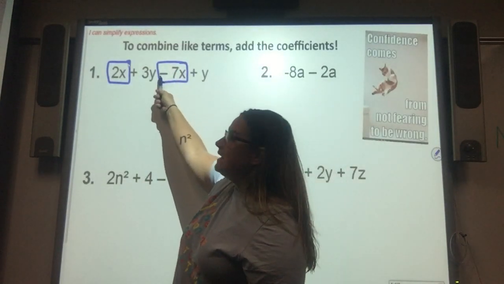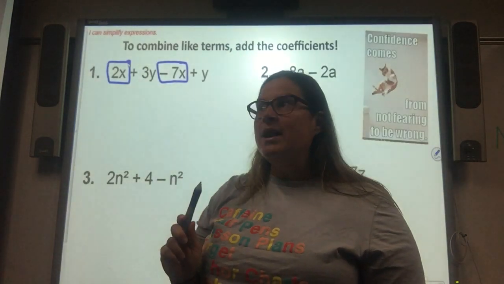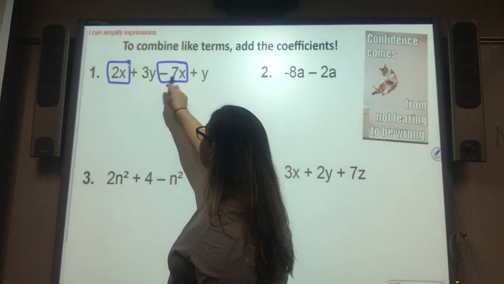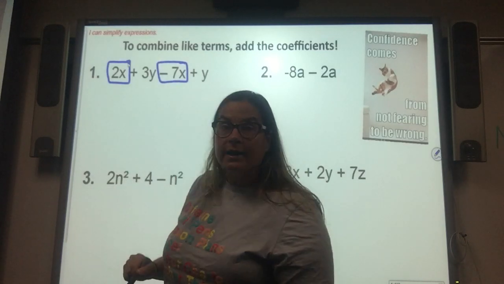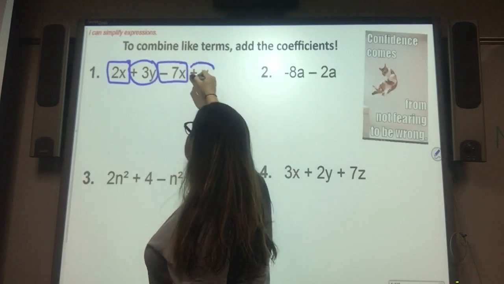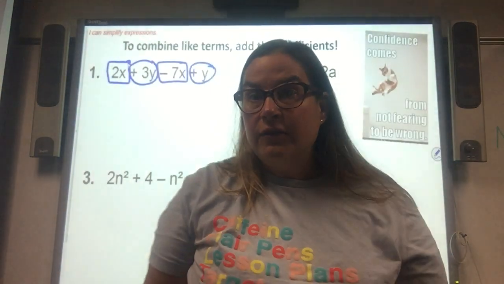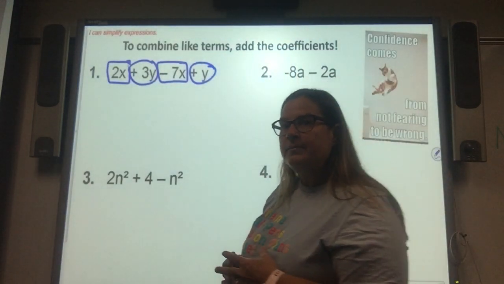Notice how I box in that sign. That helps me remember if it should be a positive or a negative. Then I have Y's. I'm going to use circles. And again, I'm going to include that sign in front of it so that we know if it's positive or negative. And now we're going to group them together.